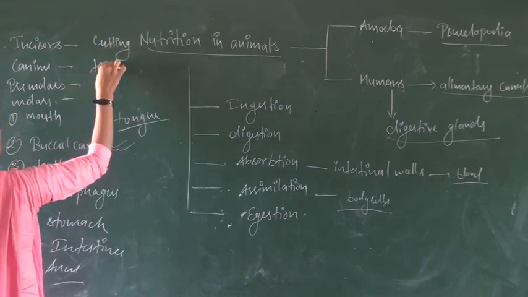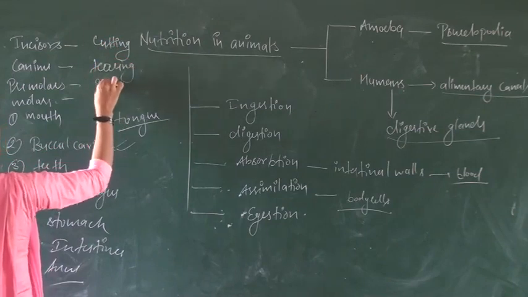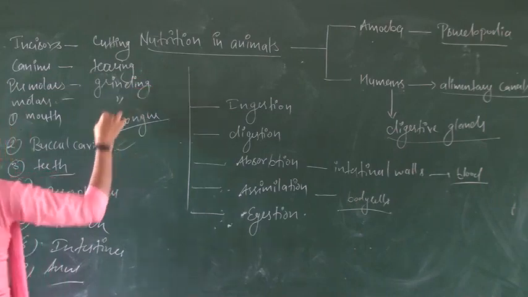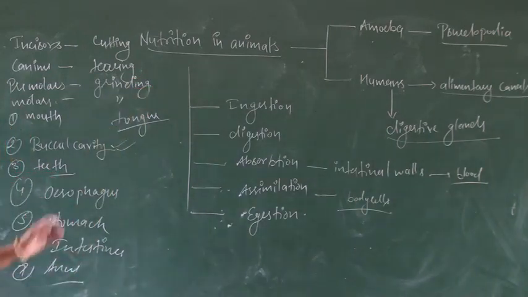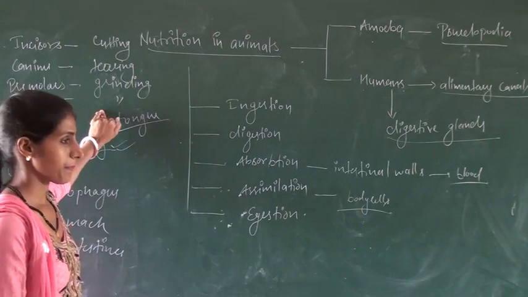Canines are used for tearing, and premolars and molars are used for grinding the food into simple substances.